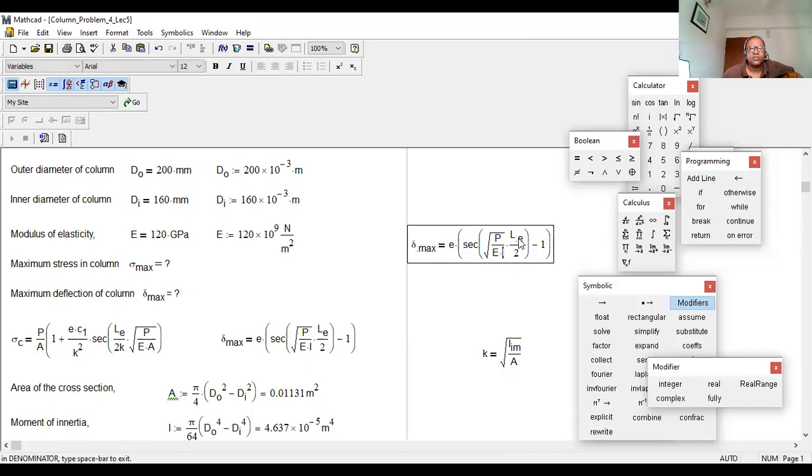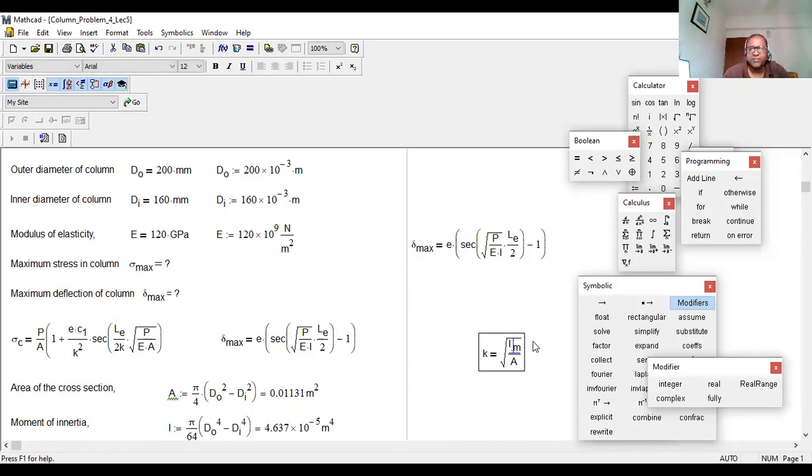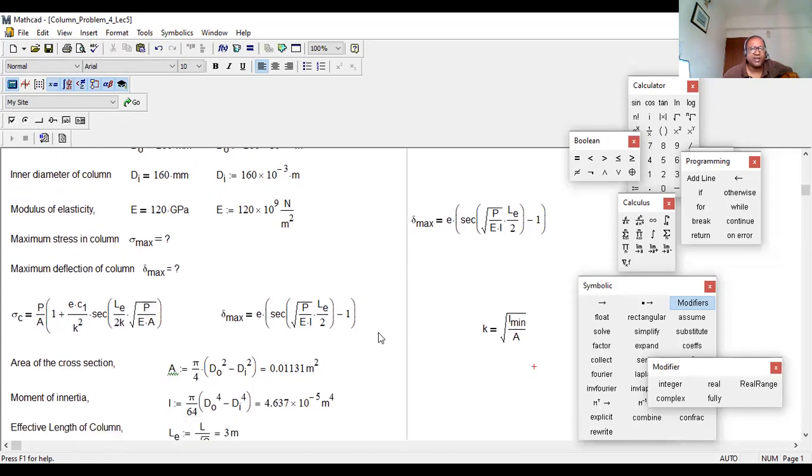Le equal to L by root over C. So there is a K. To calculate K, I should be minimum, that means I minimum divided by A. So you need to calculate the I and also the area.